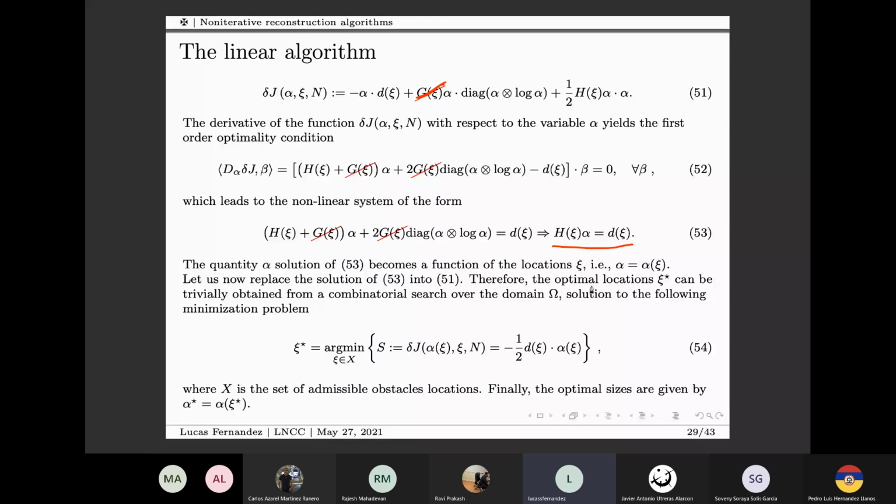So as you can see, we have two very similar algorithms. In the first one, the quantity alpha is obtained from a nonlinear system of equations, and you solve it by using Newton's method. And here, we can obtain alpha by solving a system of linear equations, which requires just the inversion of the matrix H. So it's much simpler, okay?